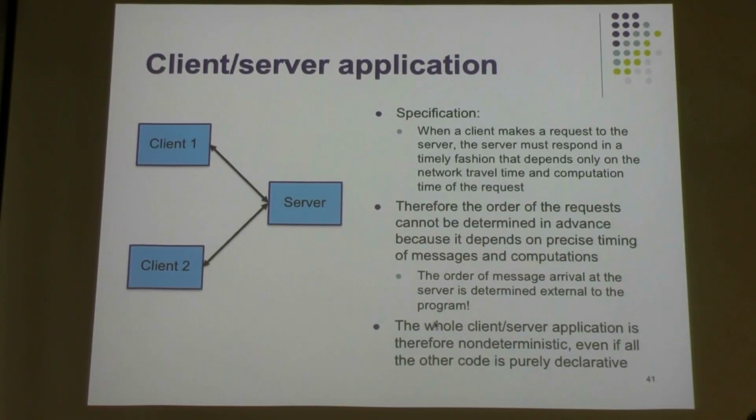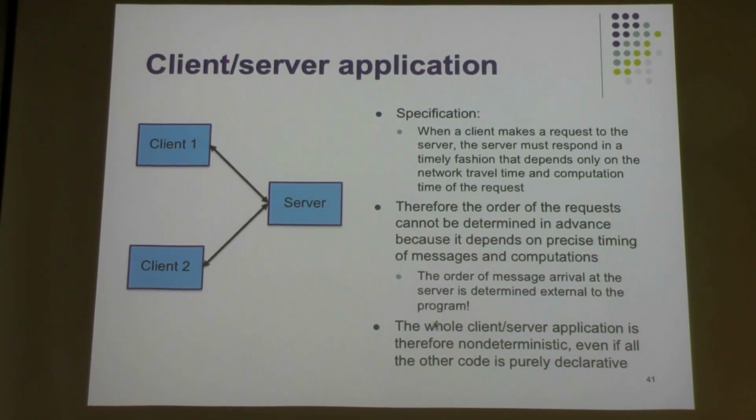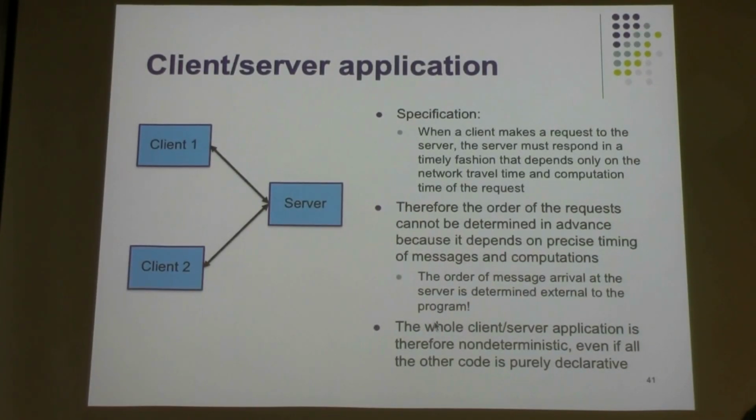So what if you have 2 clients? They're both making requests. Client 1 makes a request. Client 2 makes a request. Which one arrives first? We don't know. It depends. Maybe client 1 is faster, or client 2 is faster. Maybe the network is faster between 1 and the server, or maybe it's faster between 2, or maybe there's congestion. It depends on many things.